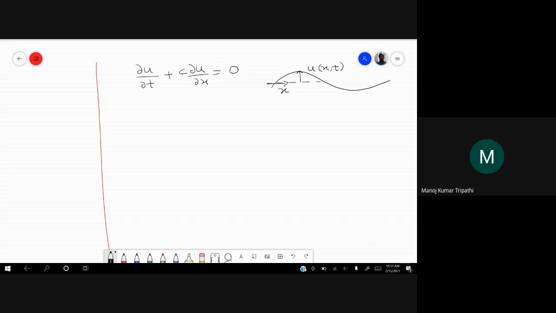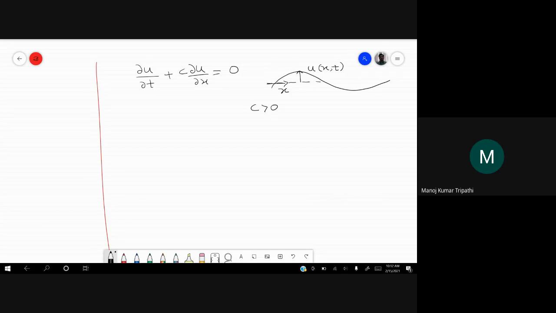Okay, in this case we are considering c positive. It doesn't matter for FTCS, but it matters here in which direction the wave is traveling. That will tell us if the solution is stable or not. We'll see that later on, but let us first derive the difference equation here.